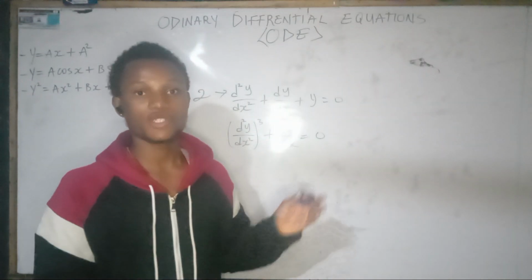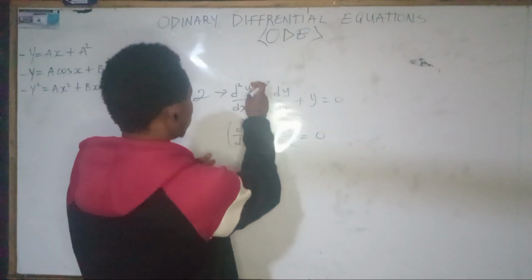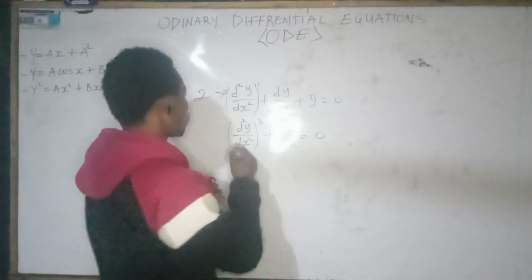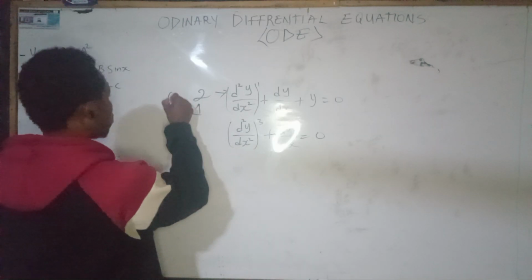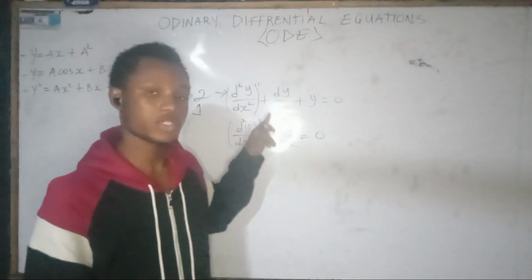The order of an equation is that of the highest derivative in the differential equation. Here d²y/dx² is the highest, so the order of this equation is 2. The degree of this equation is the power of the highest derivative. The highest derivative is d²y/dx², and it is raised to power 1, so the degree of this equation is 1. So the order is 2 and the degree is 1 for this equation.